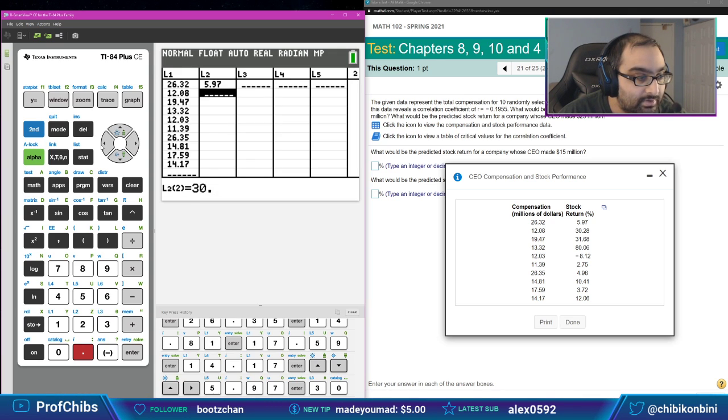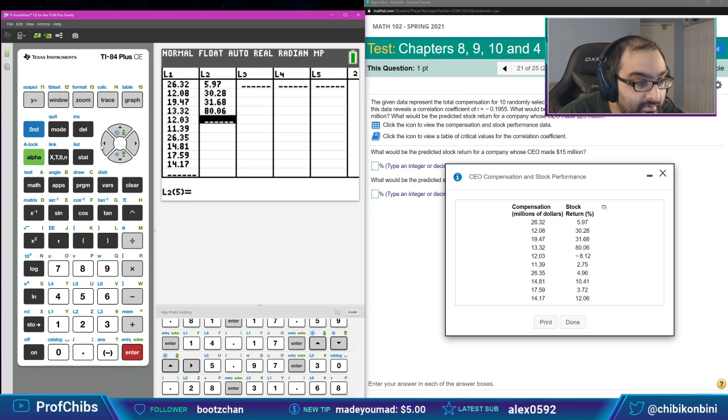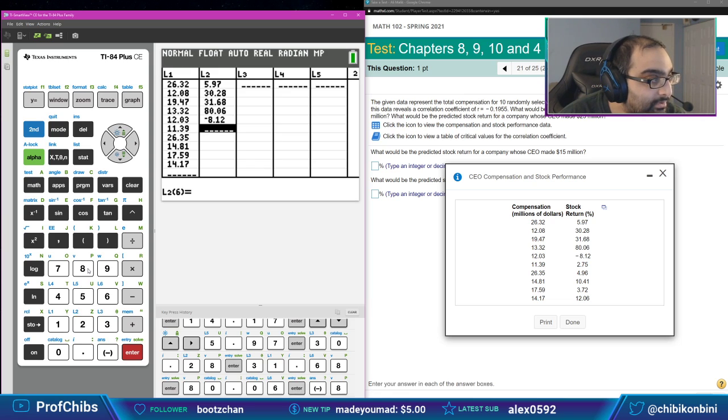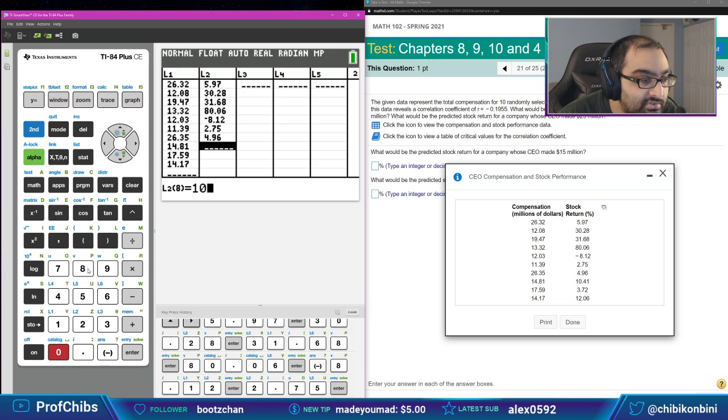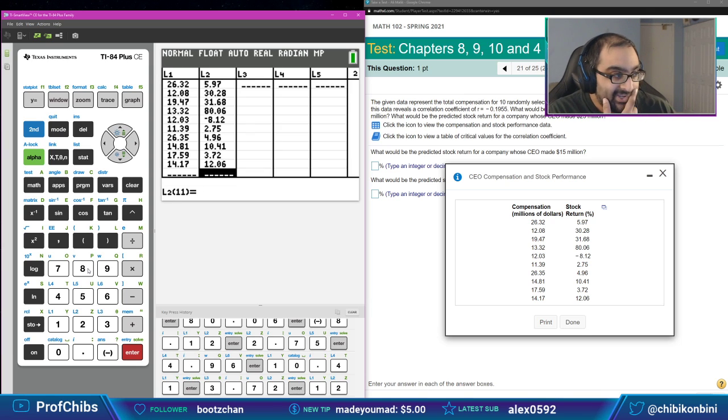This one is negative, so we've got to use the negative key. 8.12, 2.75, 4.96, 10.41, 7.26. So we have our list 1, compensation in millions of dollars, and list 2, the stock return.